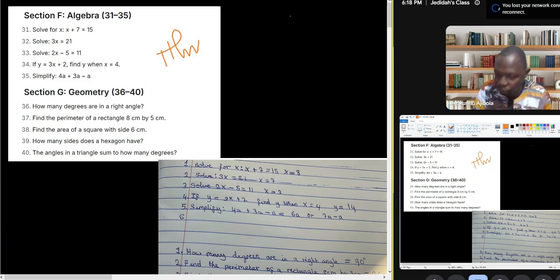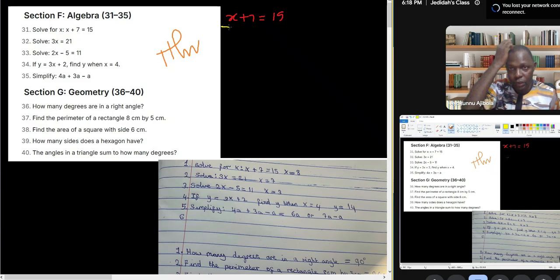You have to minus 7 from the 15. But which one did you show? 9. Okay. If you're supposed to get 2 marks, you only get 1 mark, because I told you to always show your work. So x plus 7 equal 15. What am I supposed to write next? No, this is the equation.